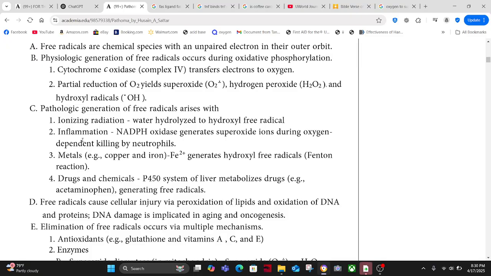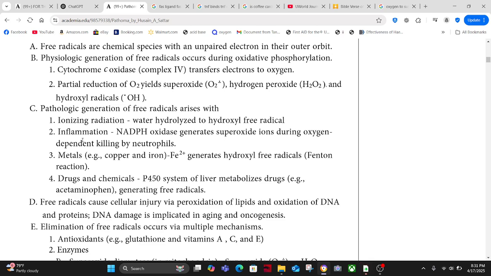The reason why hemochromatosis causes tissue damage is because iron makes hydroxyl free radicals. Wilson's disease is when there's a lot of copper in your body, and that also generates free radicals. That's how copper and iron generate free radicals.